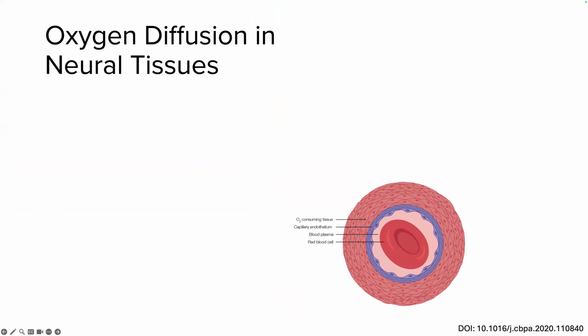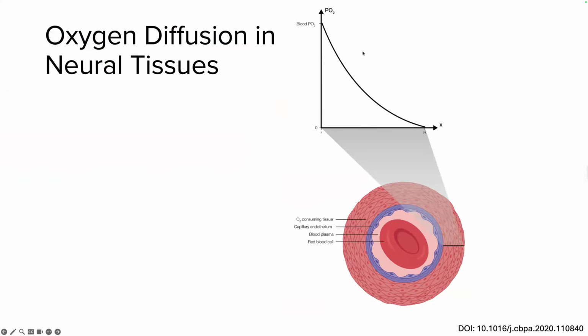When we think about gas exchange, what we're really considering is the final step of the oxygen transport cascade, where oxygen diffuses from the red blood cell into the tissues. We can use techniques to measure the distribution of oxygen from the capillary endothelium through the entire thickness of a tissue, where we will see that the oxygen levels tend to decline as the tissues take up more and more oxygen.